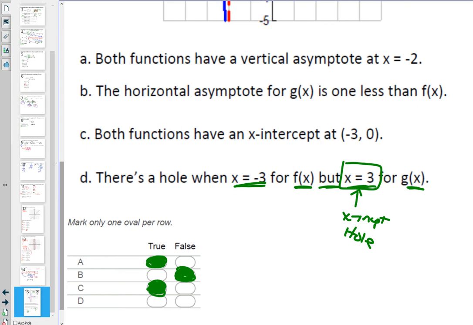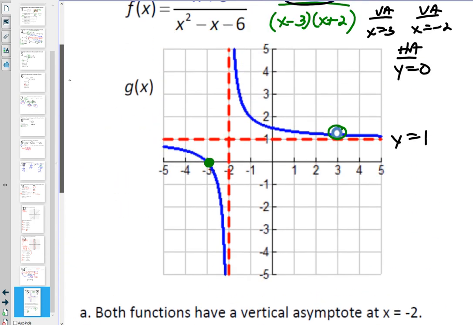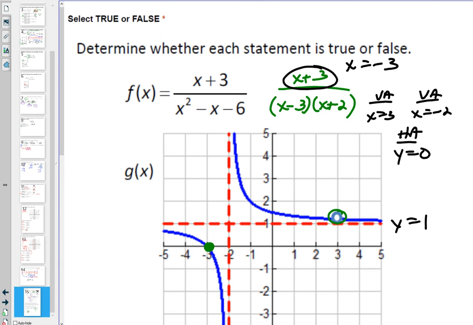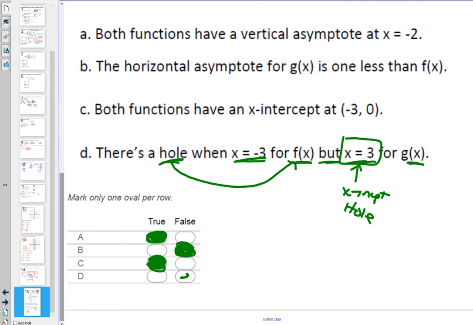When I say but, that means they wouldn't be talking about a hole, they'd be talking about something else. How about on f of x? Here's where you would know. Does f of x have any holes? No. So that would be where you would look. There is no hole on f of x. F of x has no hole. I hope I haven't already confused you.